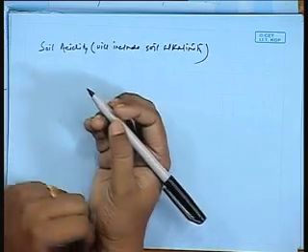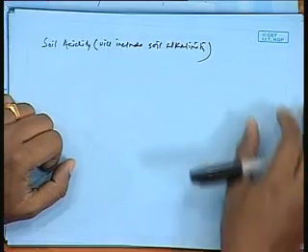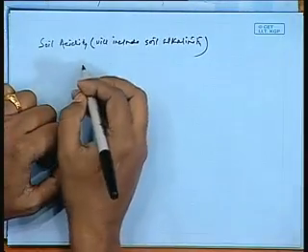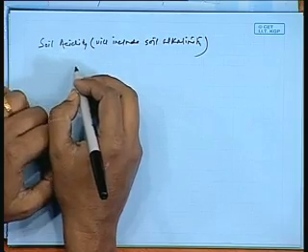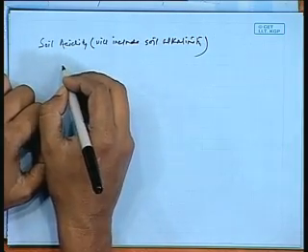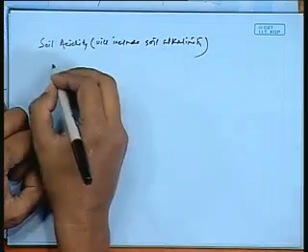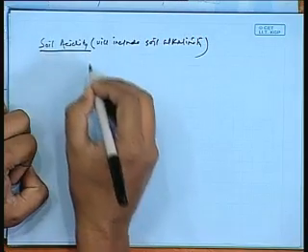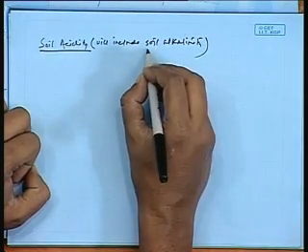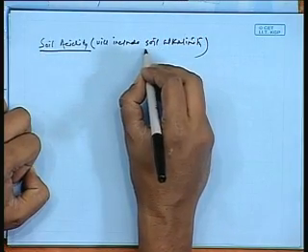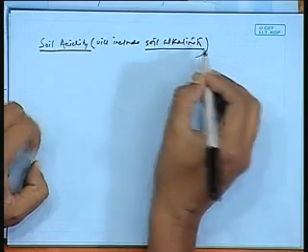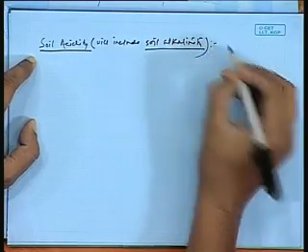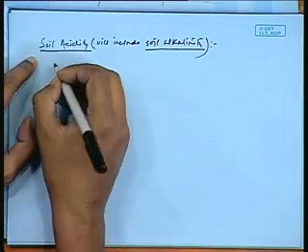So here, when we are discussing soil acidity, the important part is that it also includes soil alkalinity. I mean, just to mention that soil acidity also includes soil alkalinity.